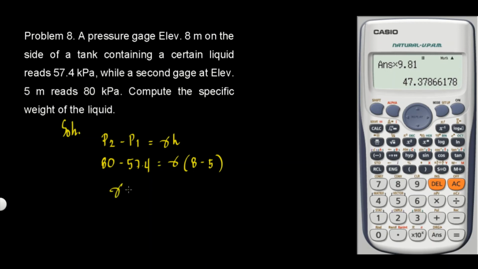So gamma is 80 minus 57.4 divided by 3, which is 7.53 kilonewton per cubic meter.